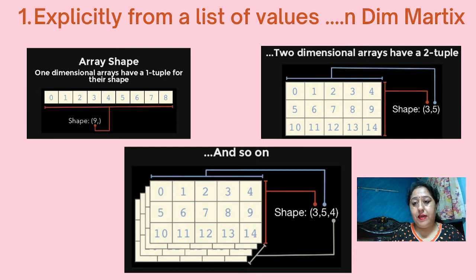If you talk about a two-dimensional array or a matrix, then it will return you shape as 3, 5, which says the number of rows is 3 and the number of columns is 5. And so on for an n-dimensional matrix. Suppose you talk about this n-dimensional matrix, then it will tell you again the number of rows, the number of columns, the total number of dimensions here. That is, here we can see 4 such matrices, so it is returning you 4.